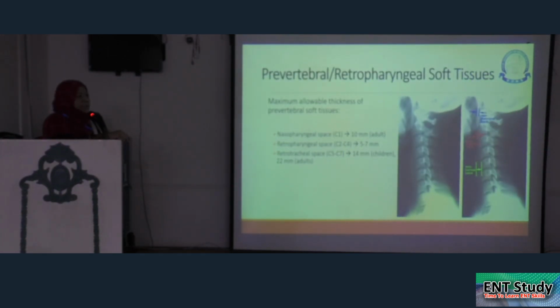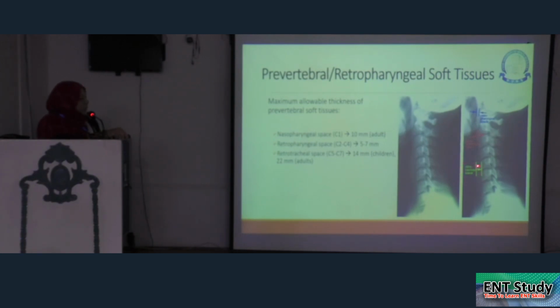Then on the lateral neck X-ray, the prevertebral or retropharyngeal soft tissues are very important to look at. The maximum allowable thickness of the prevertebral soft tissue at the level of the nasopharynx is 10 mm. At the level of the retropharyngeal space, C2 to C4, it is 5 to 7 mm.